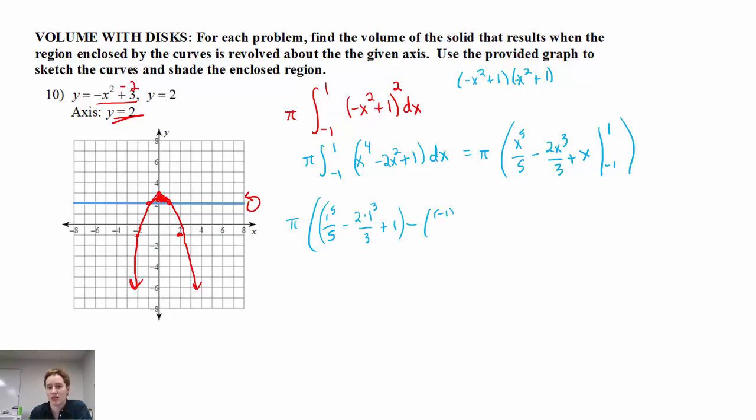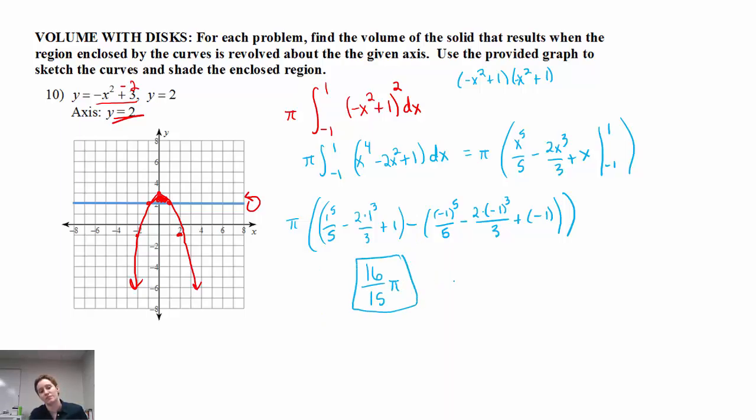And when you plug in your -1, it may not matter a whole lot that you put it in parentheses, but it is on this one because all of our powers are odd. But it still is a good idea just to make sure that the calculator knows what you want it to do. If you either do this by hand or if you plug it in, which by hand there's lots of nice common denominators up to a point, we should get 16/15 pi for our answer.